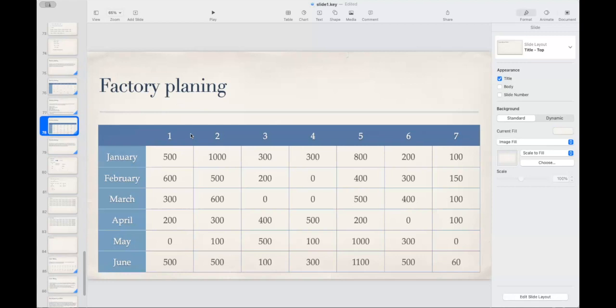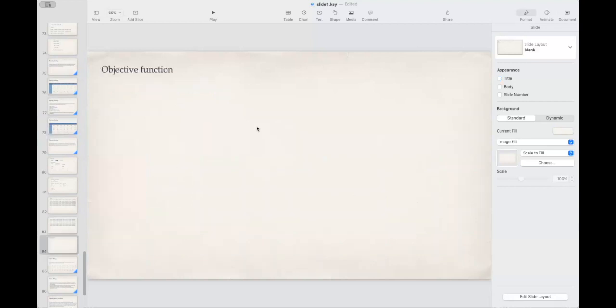So the contribution to profit remains constant. The objective function is the cost. Then we have to maximize the negative of the cost, right?